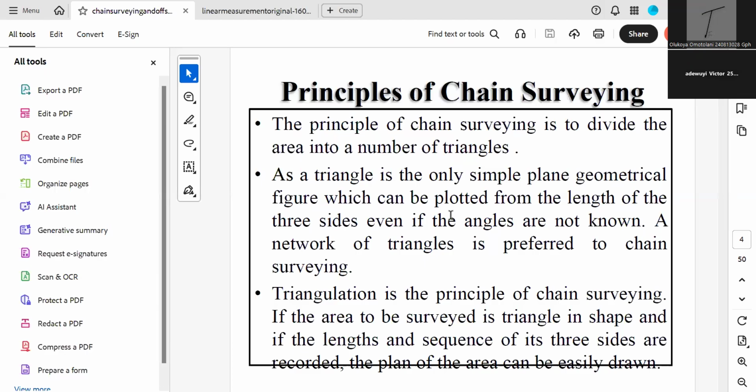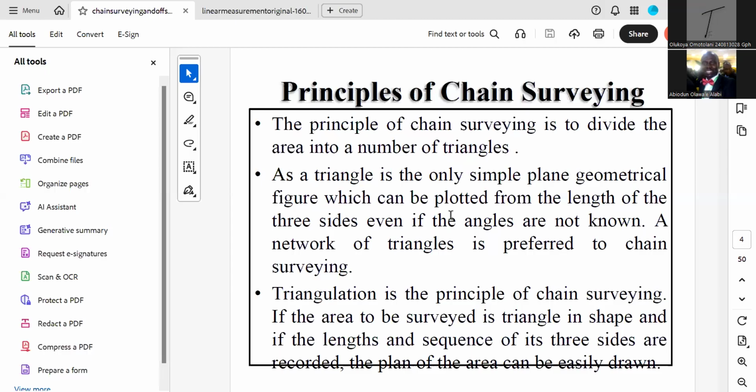A network of triangles is preferred in chain surveying. Triangulation is the principle of chain surveying. If the area to be surveyed is triangular in shape, and if the lengths and sequence of its three sides are recorded, the plan of the area can be easily drawn.